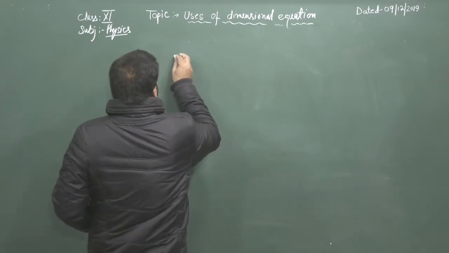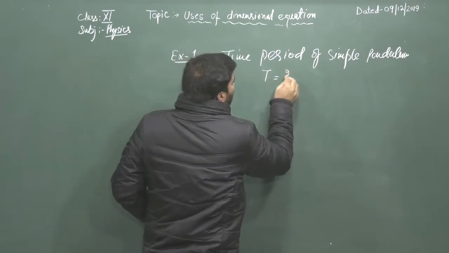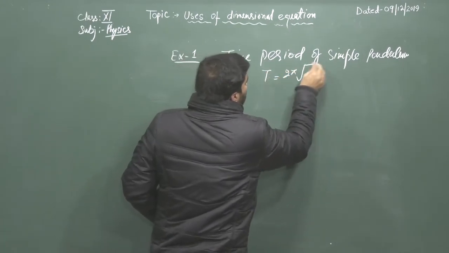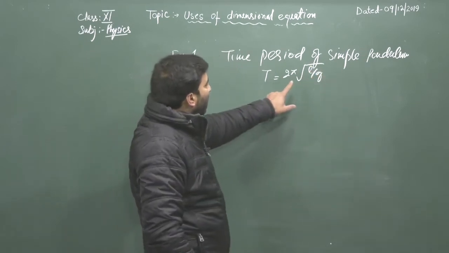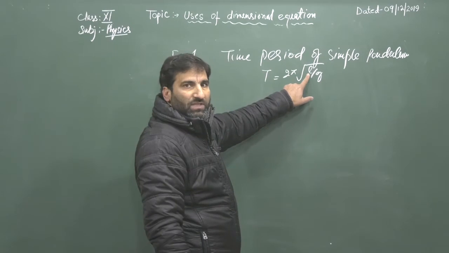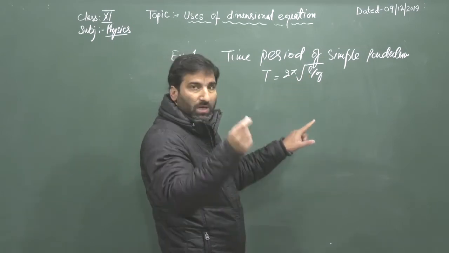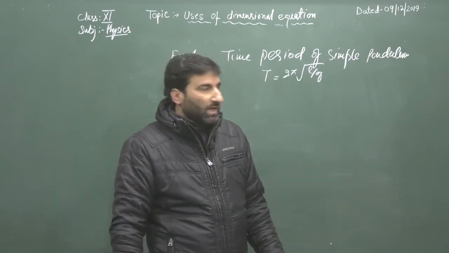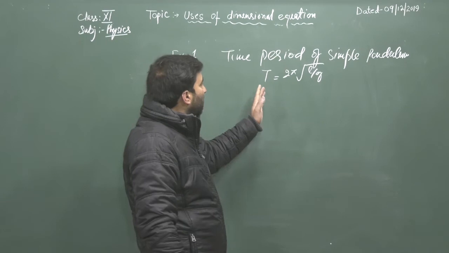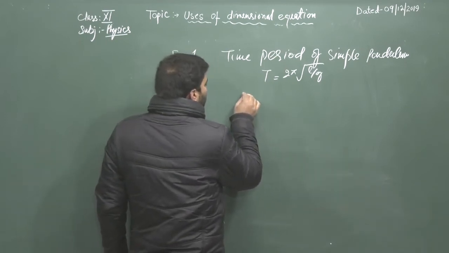We have the relation T equals 2 pi under root of L by g, where L is the length of the string through which the bob is suspended, and g is acceleration due to gravity. Now we will check it dimensionally.